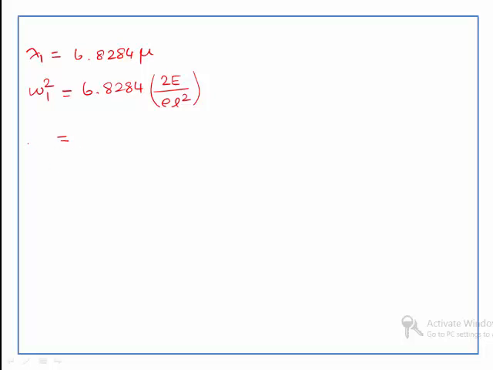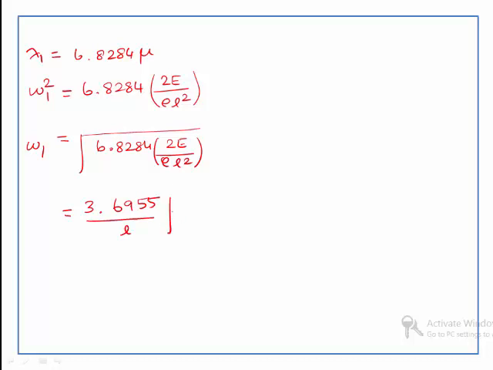So omega 1 is equal to root of 6.8284 into 2e by rho L square. Okay. So இதுக்கு root எடுத்தீங்கன்னா உங்களுக்கு என்ன கிடைக்கும்னா 3.6955 divided by L root of e by rho னு கிடைச்சிருக்கும். So omega ஓட unit radian per second.